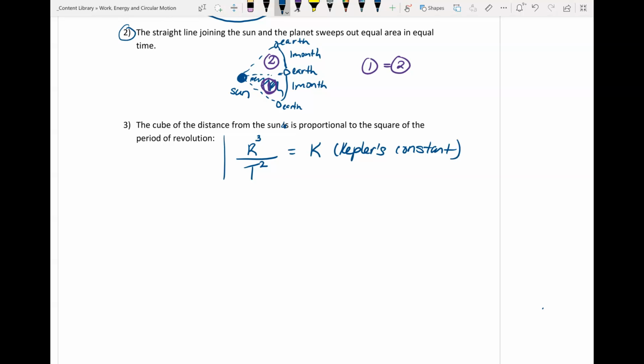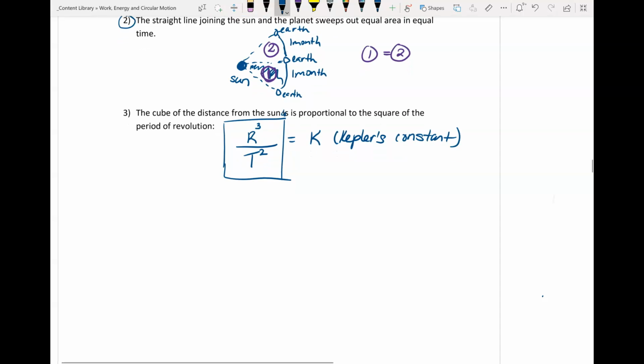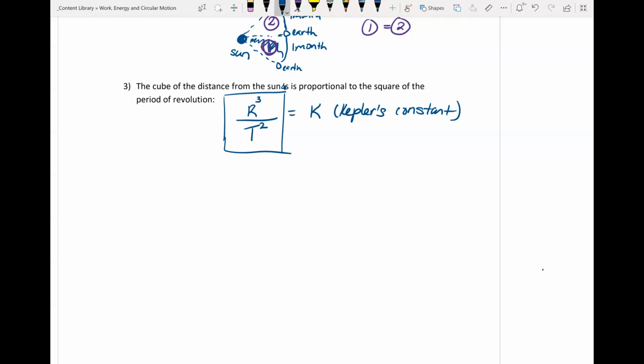We're going to use this result a lot to help us determine the distance between a planet and the sun, or to determine the period of revolution for that specific planet. Before I do an example of this, I'm going to make a side note that when we describe the distance between the Earth and the sun, it's actually easier to describe it in astronomical units instead of meters.